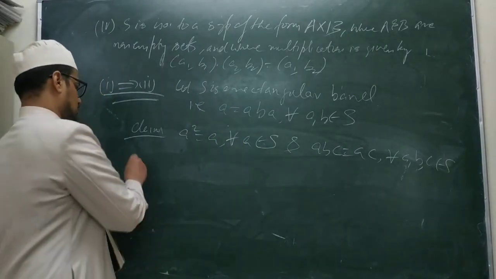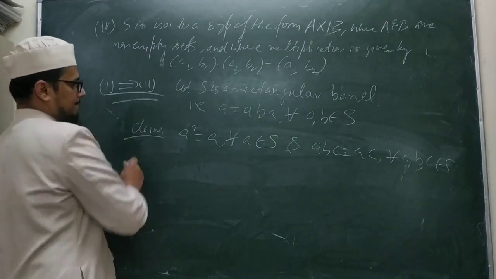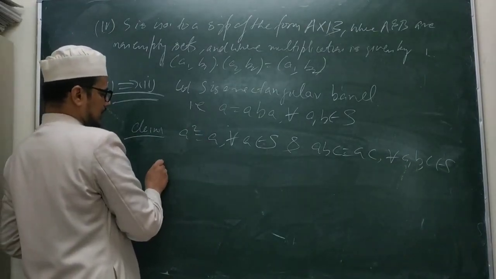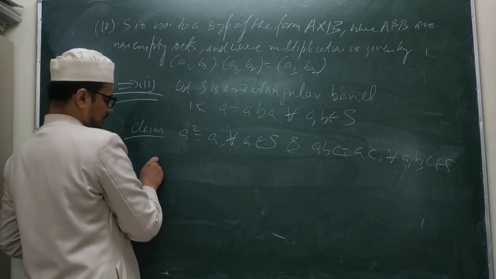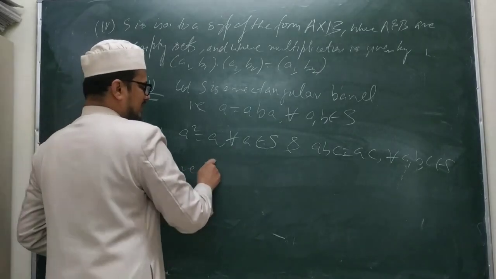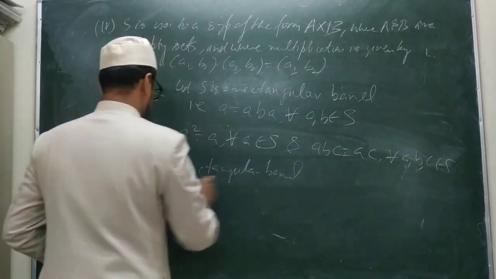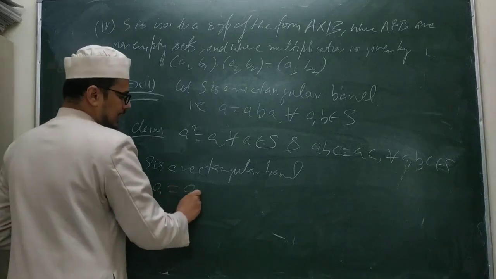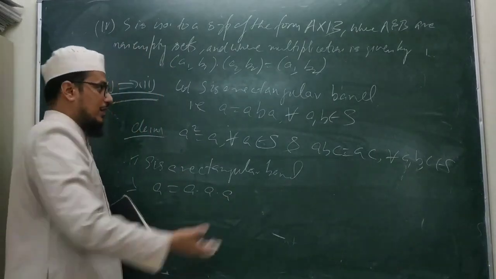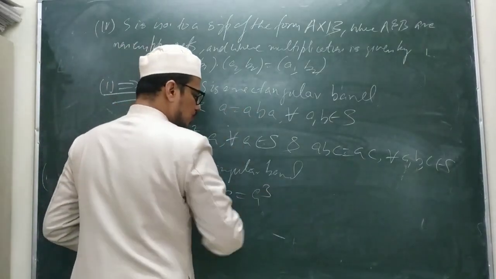Now how to prove? See the proof. Since S is a rectangular band, therefore A is equal to A into A into A. You can take A in the place of B, so it will be A cube.